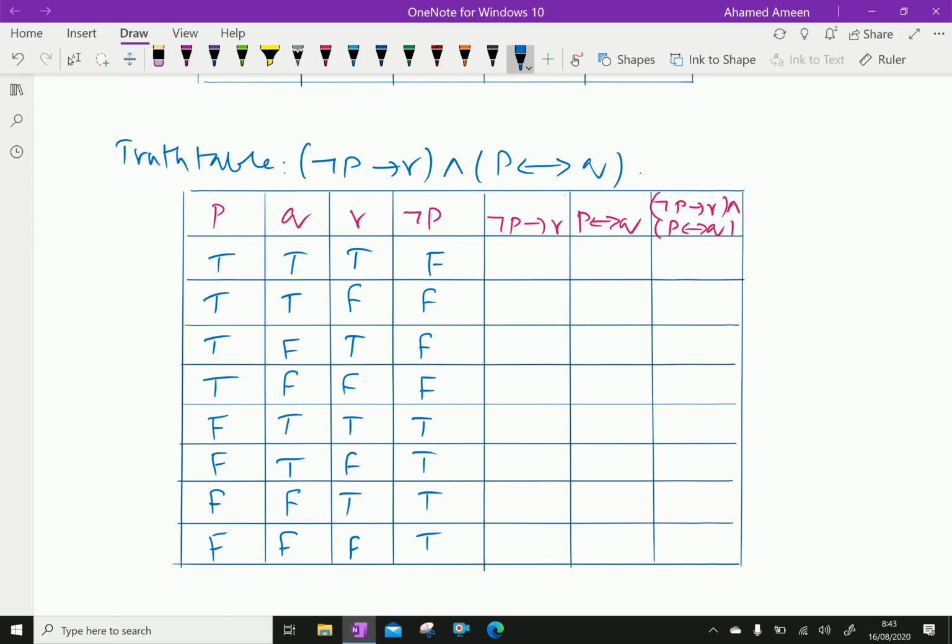Here negate P implies R: negate P is false, then R true, so it is true.